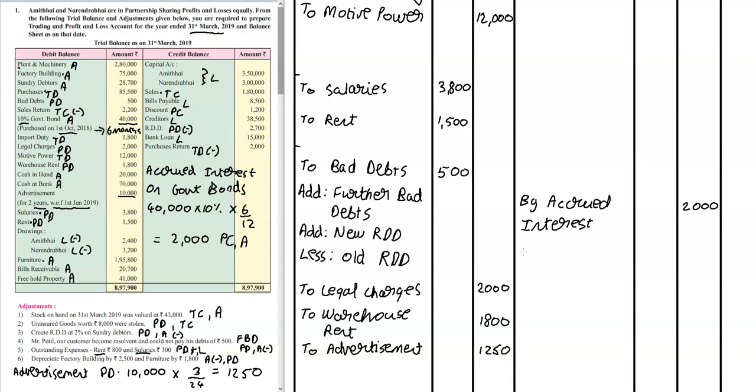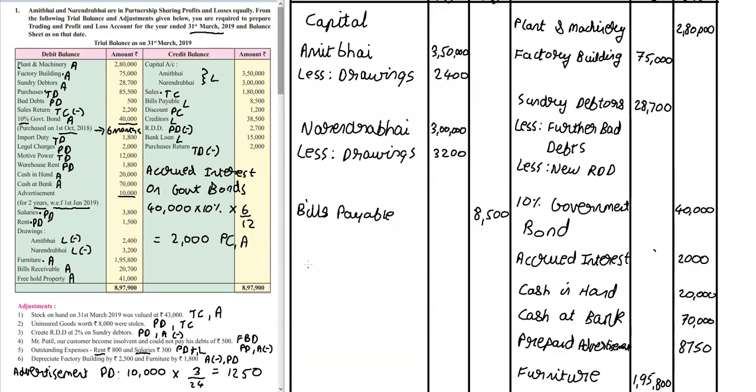Since it's on the credit side and it's an income, we know very well that this is discount received, so may as well write it, discount received. Our amount is 1,200. Next, creditors, liability side, 38,500.